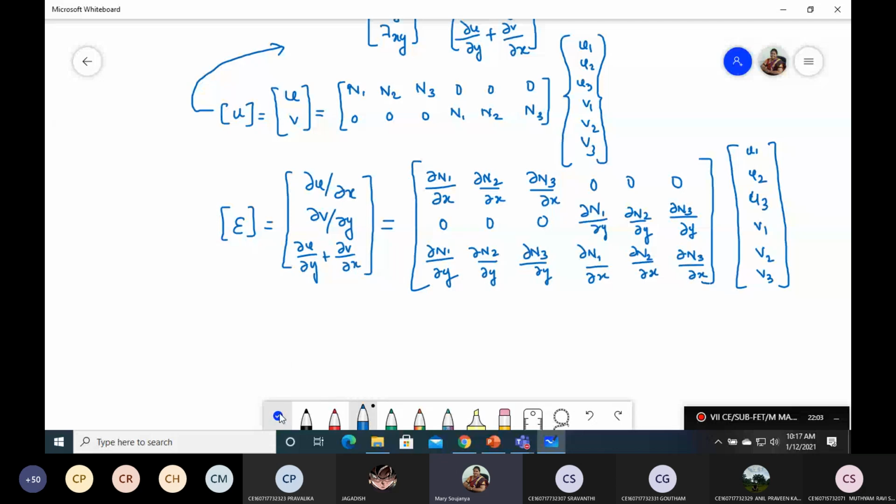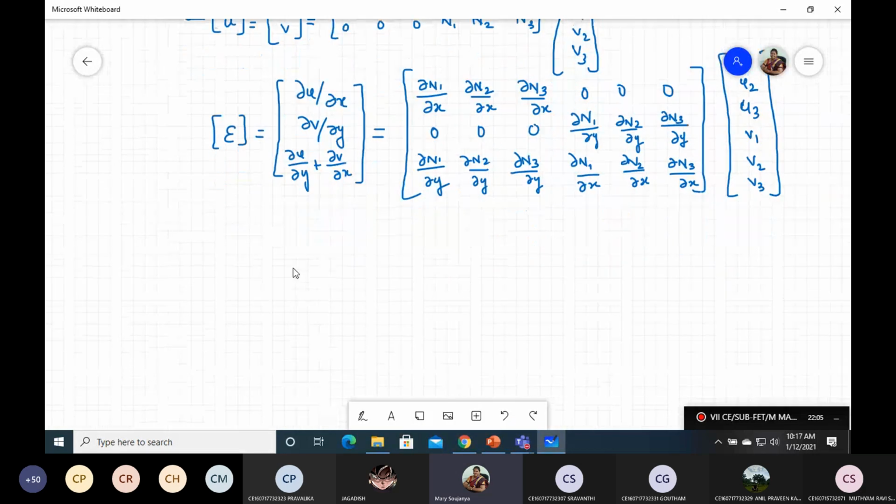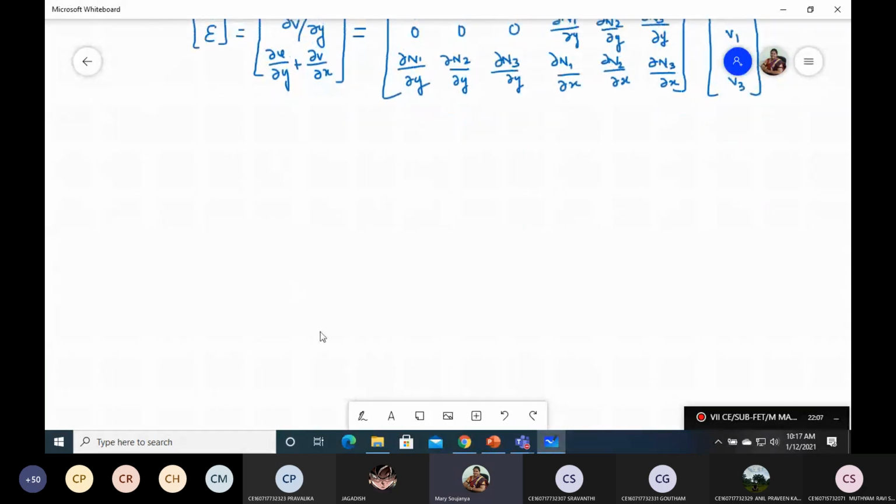Now, go to the CST element derivation, shape functions of CST element derivation, and write down the equations for n1, n2, and n3. That's your part now. What is n1, what is n2, and what is n3?